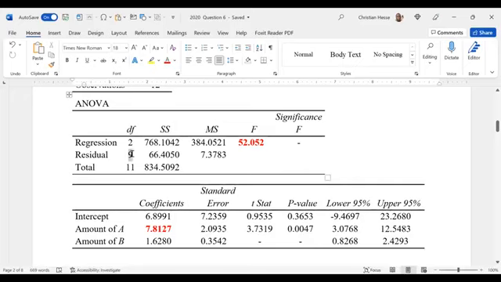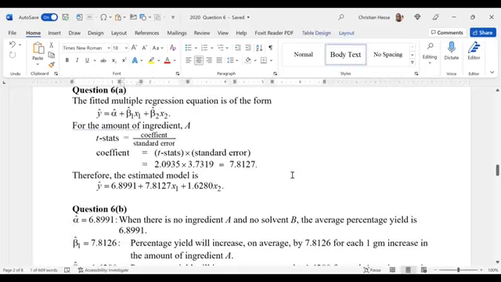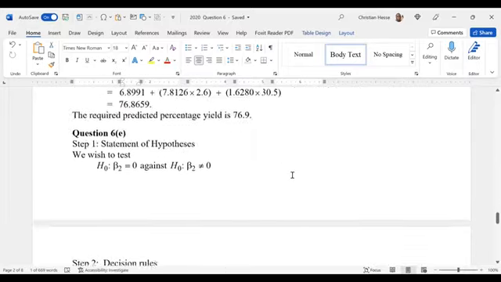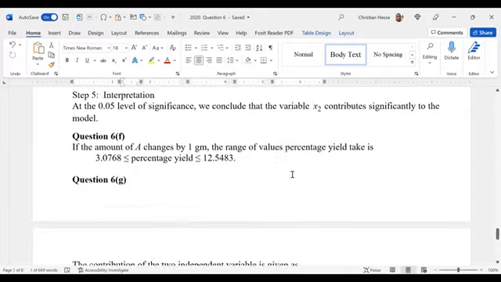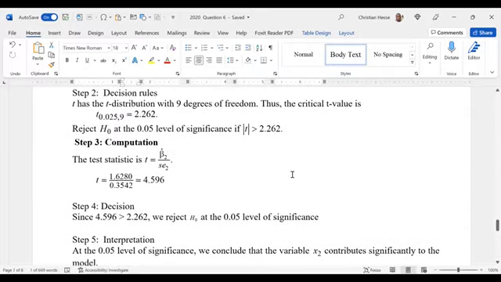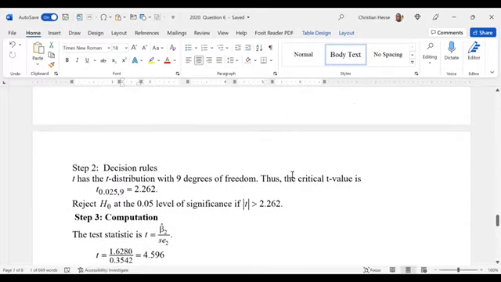So that's the degrees of freedom we are going to use in testing the significance of X2, that's beta 2. So the degrees of freedom is 9. And what is the alpha given? The alpha is 0.05. And because it's a two-tailed test, we divide 0.05 by 2, and that will give us 0.025.